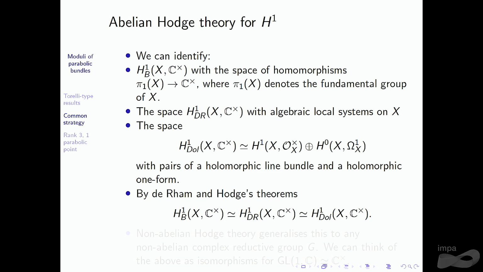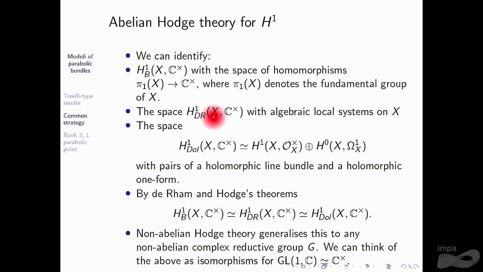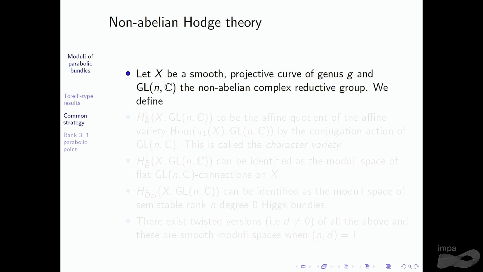So non-abelian Hodge theory asks: if instead of looking at coefficients in something abelian, C star, what if I was to look at exactly these theories, but with coefficients in some reductive group G? And then I can try to see if, when I look at the reductive group GL1 C, I get C star and I get these back. So non-abelian Hodge theory is basically just doing that.